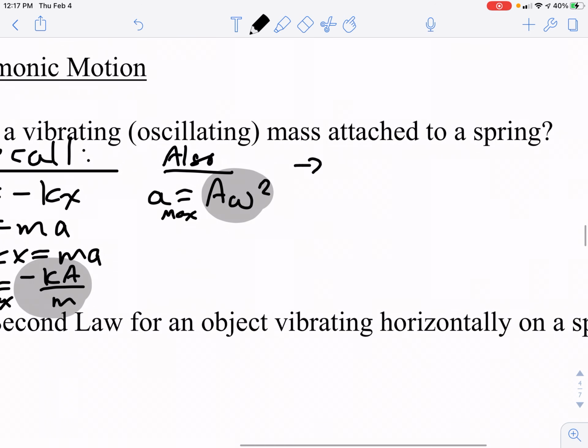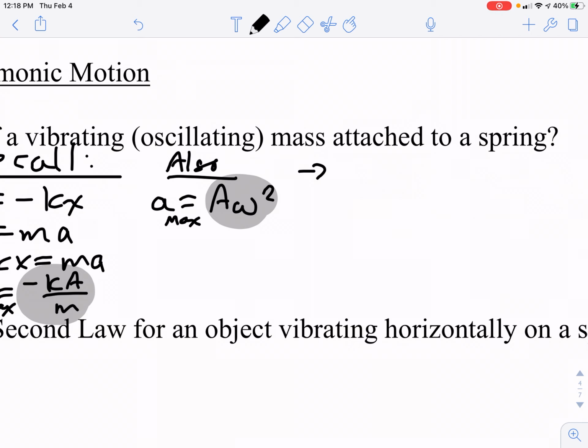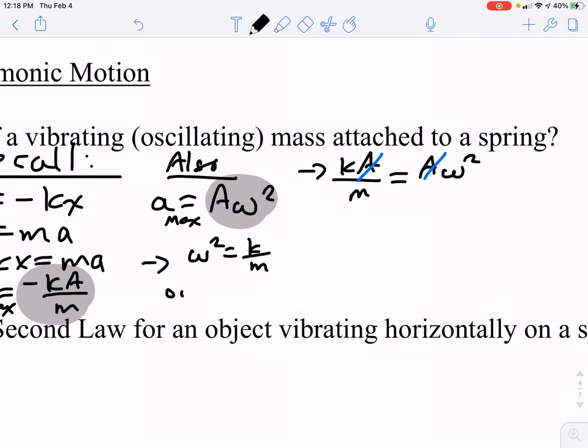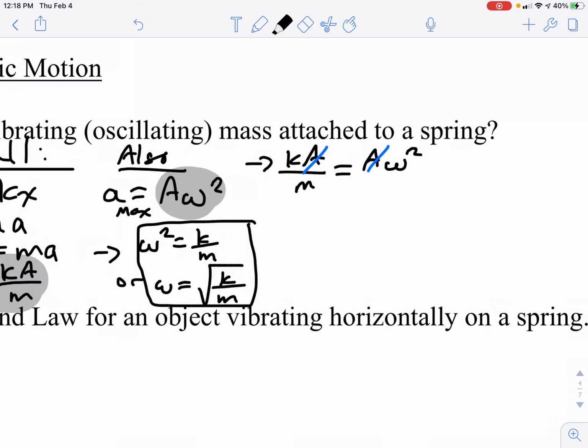So we're going to put these together, and if a max equals a max, then k A over m equals A times omega squared. A couple of things happen. A cancels, A cancels. And we have our next very useful equation. Omega squared equals k over m, or omega equals the square root of k over m. I would write these down. Those are very handy equations to know.